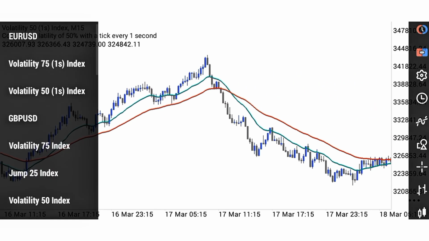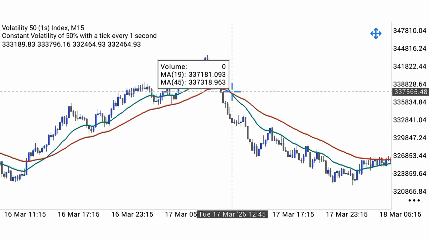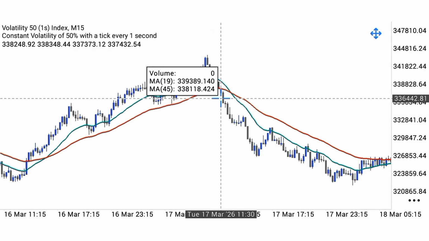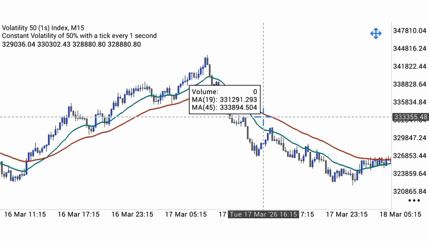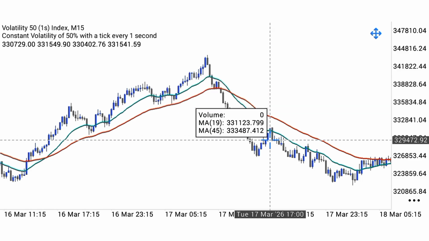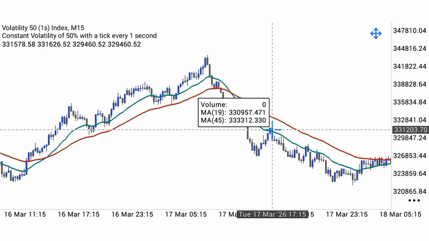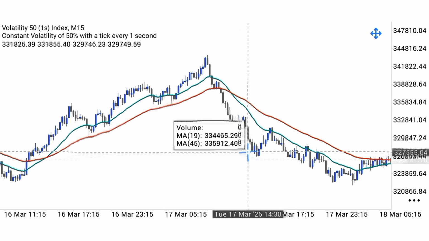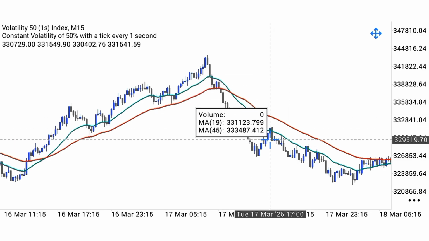So now here, the market crossed, the moving average lines crossed. We have the green moving average below the red one here. And look at here, our engulfing candle showed up on the green moving average. And this is the first touch on the moving average.